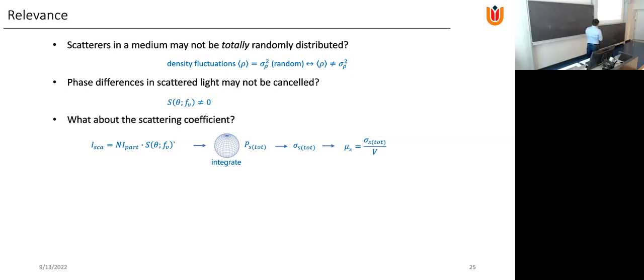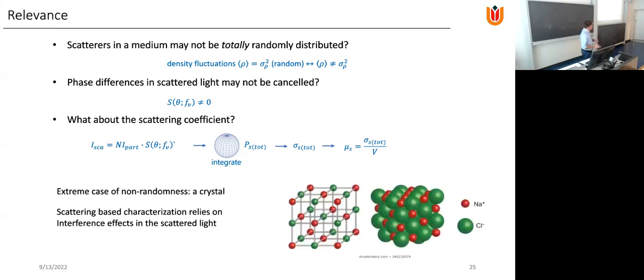Because of that restriction, there will be restrictions on the positions that particles can take. Because phase differences depend on the positions of the particles, we can expect that the structure factor needs to be taken into account. An extreme case of this, where the particles are not placed randomly, is a crystal.